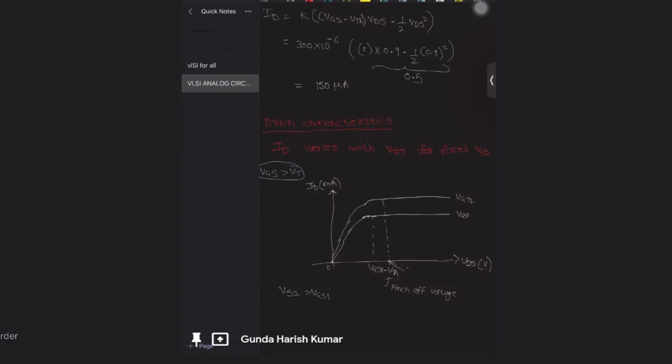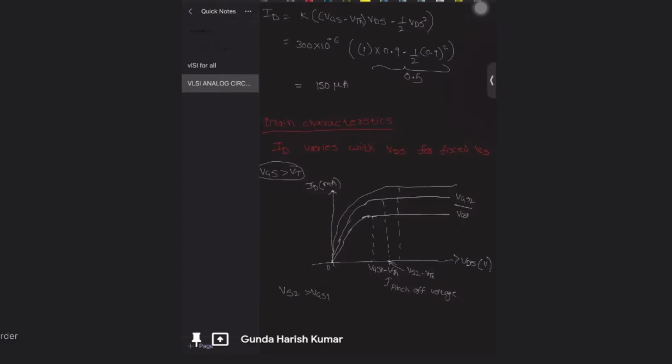So this will come to saturation at a larger value than this, because this will be VGS2 minus VTH. My pinch-off point changes because VGS2 is greater than VGS1. Pinch-off happens at VGS2 minus VTH. My pinch-off point changes.